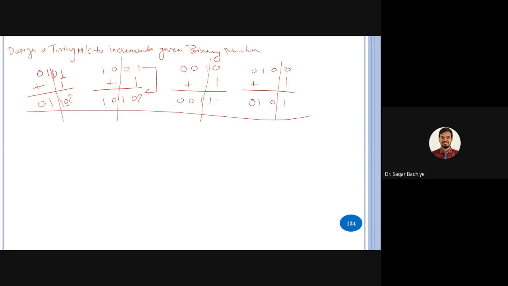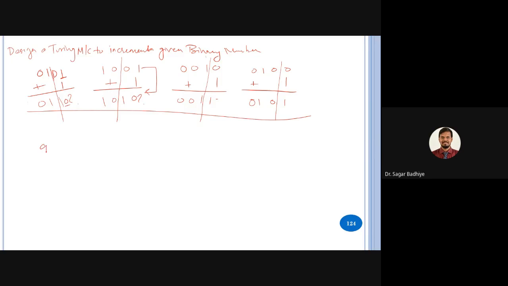Again, it changes from here. So if you look at the input, up to the first 0 from the right-hand side, everything is reversed. The remaining things remain as they are. So make a logic.